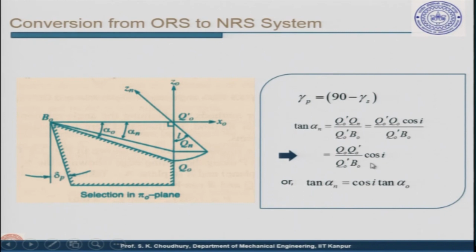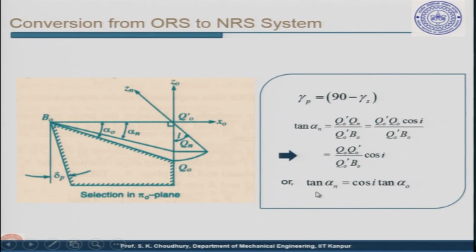This is simple geometry, and from here you can find that this is cos I and this one is tan of alpha 0 in the orthogonal rake system. So, altogether, tan alpha n, which is in the normal rake system, is equal to cos I, which is also in the normal rake system as well as in the Warres system, times tan of the orthogonal rake angle.